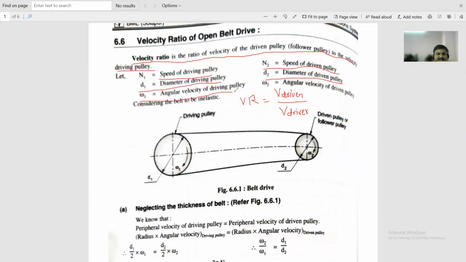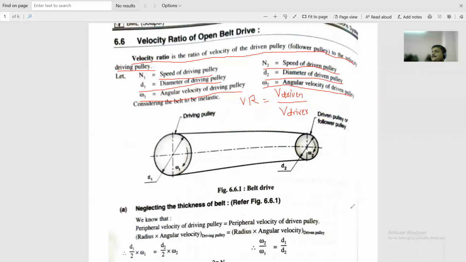Omega 1 is angular velocity of driving pulley and omega 2 is angular velocity of driven pulley. This nomenclature is also the same as the gear drive.